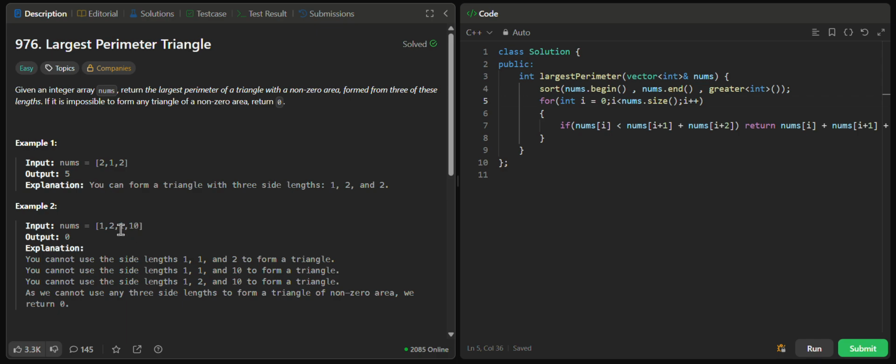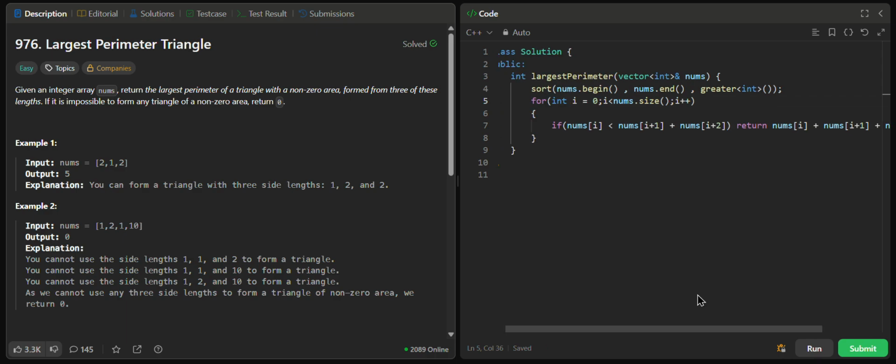I don't want my loop to go to this index, because there isn't any element to fit nums of i plus 2. That's why we'll write nums.size minus 2. And if we are not getting any perimeter, then we will return 0. So I think this should work.